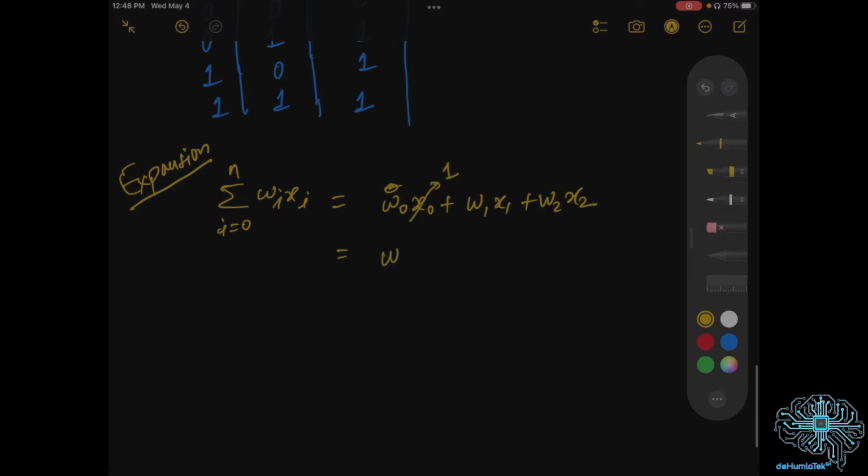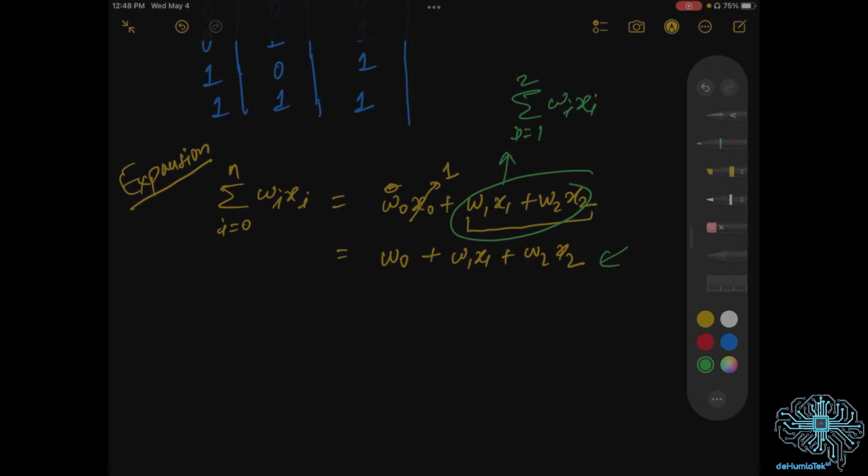So it will be just W0 plus W1 x1 plus W2 x2, or it can be rewritten as the summation for i equals 1 to 2 of wi xi. Okay, let's leave it this way.